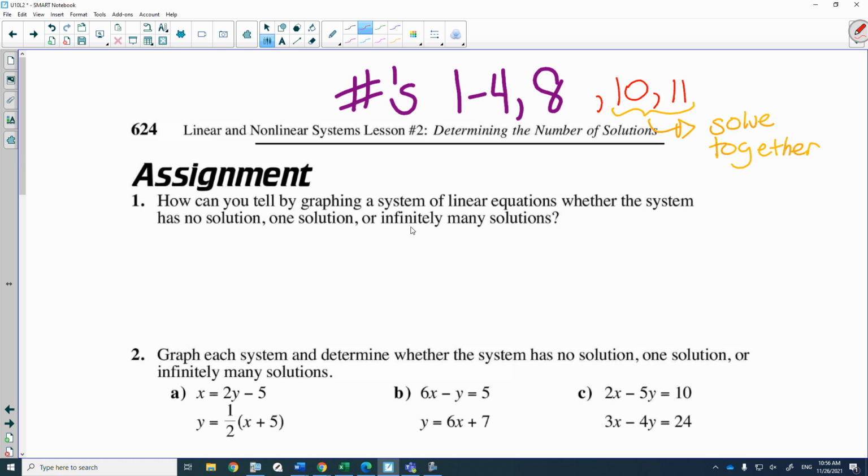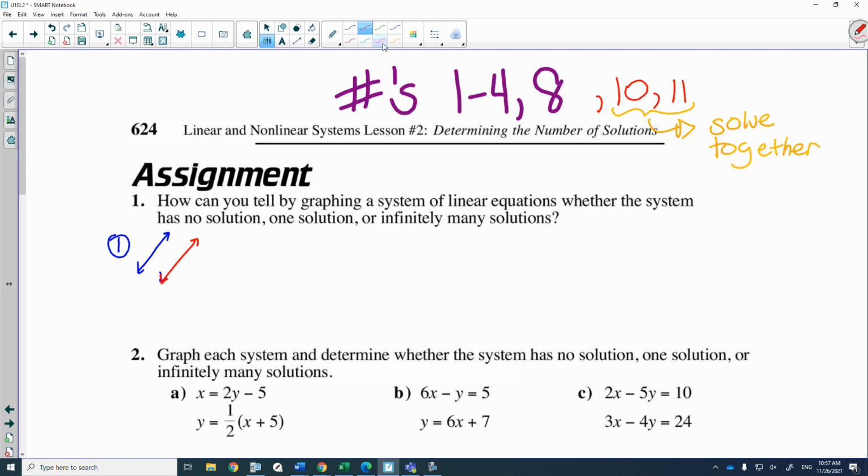Could you just do the quick sketch? For number 1, just draw 2 lines that are going to be parallel. Then it wants you to talk about the slopes and y-intercepts.